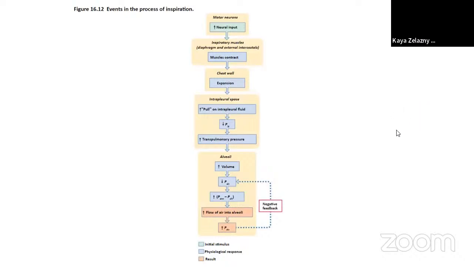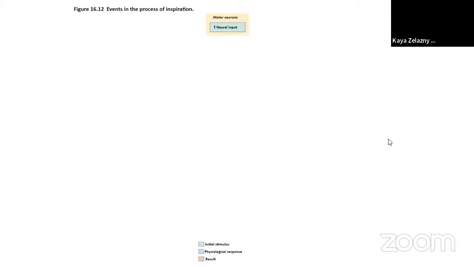So we're going to go through a chart of this. We're starting out with our motor neurons. We can see that our initial stimulus, you're sending action potentials to the muscles of inspiration, telling them to contract.